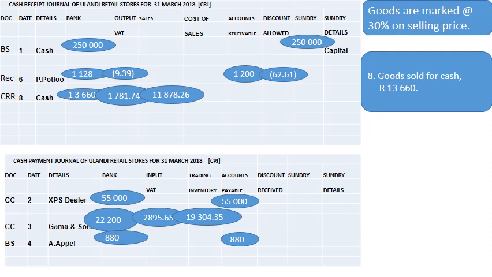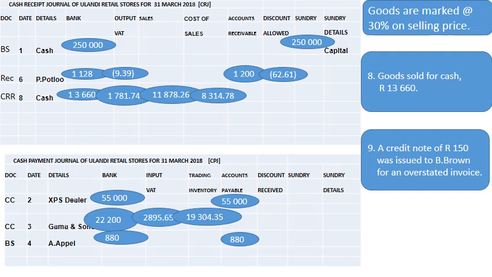To now calculate the cost of sales, we will take the amount that we know, which is the sale of 11,878 rand 26 cents, multiply it by the percentage that we don't know, which is 70, divide it by the percentage that is related to the amount given, which is 100, to arrive at a cost price of 8,314 rand 78 cents.